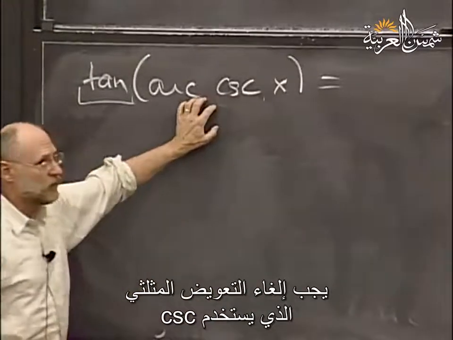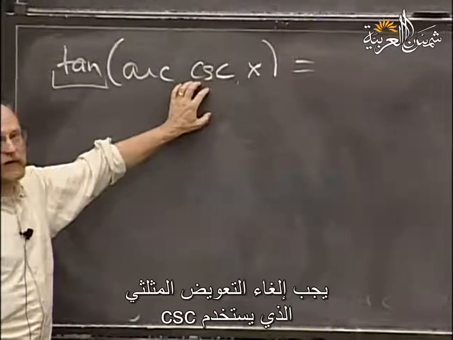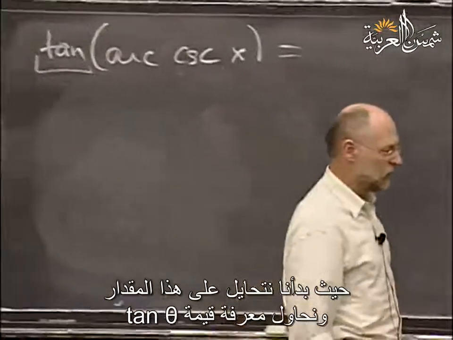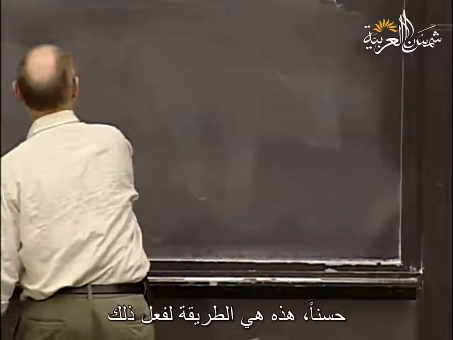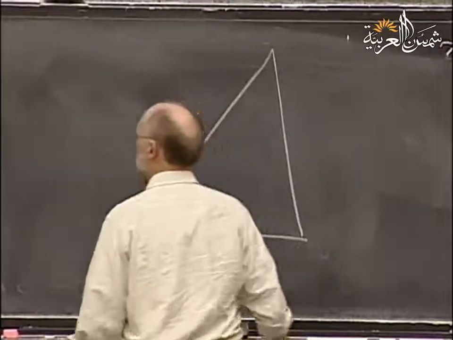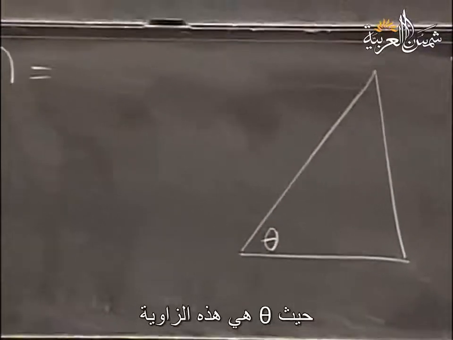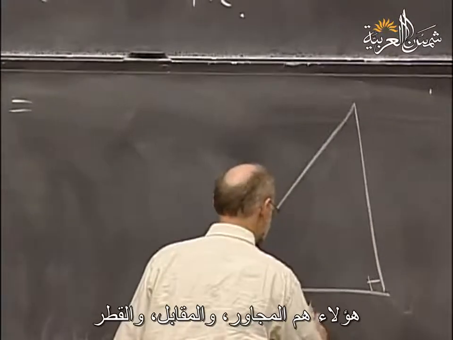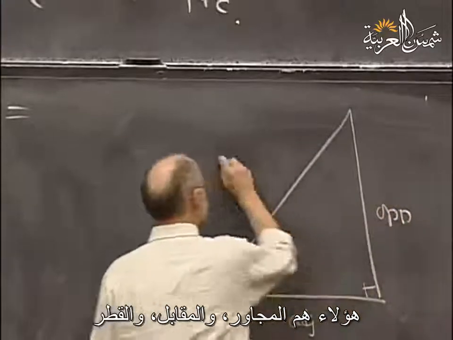Say you undo a trig substitution that involved a cosecant, and I manipulate around and I find myself trying to find out what's the tangent of theta. So here's how we go about it. I draw this triangle. Theta is the angle here. This is the adjacent, opposite, hypotenuse.